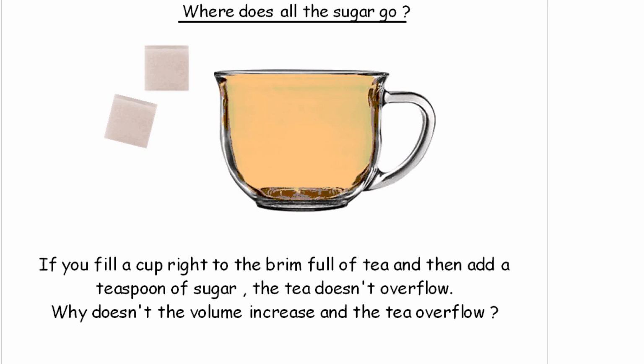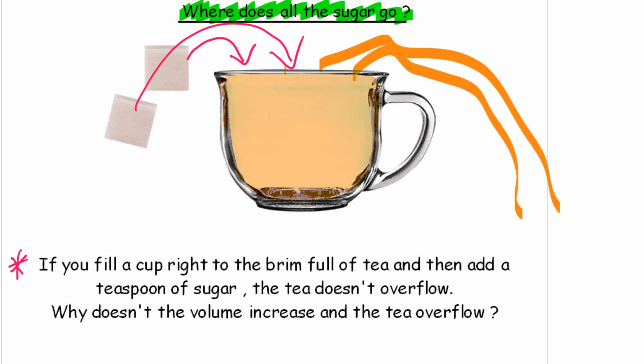I like this lesson. Where does all the sugar go? If we read this little paragraph down here: if you fill a cup right to the brim full of tea, and you can see it's full of tea there, and then add a teaspoon of sugar, the tea does not overflow.